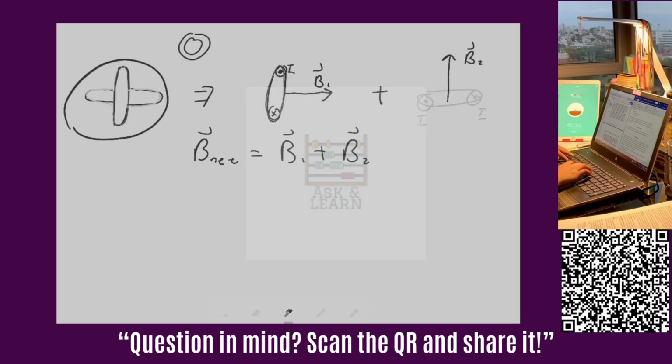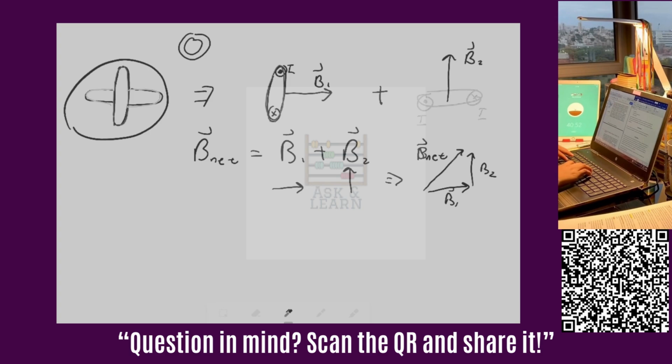But remember, we are adding vectors. So this vector B1 is to the right, this vector B2 is up. What matters is that they're always going to be perpendicular to each other, so that if we have our B1 vector here and our B2 vector here, then the net resultant one is going to be the vector addition of those two.